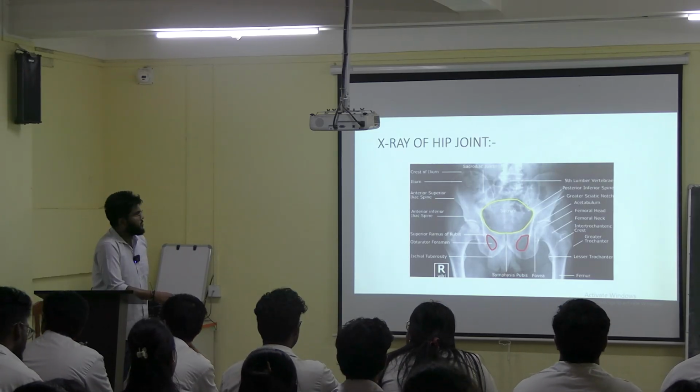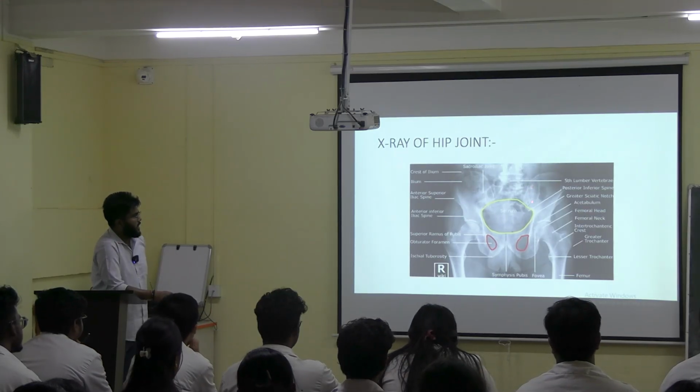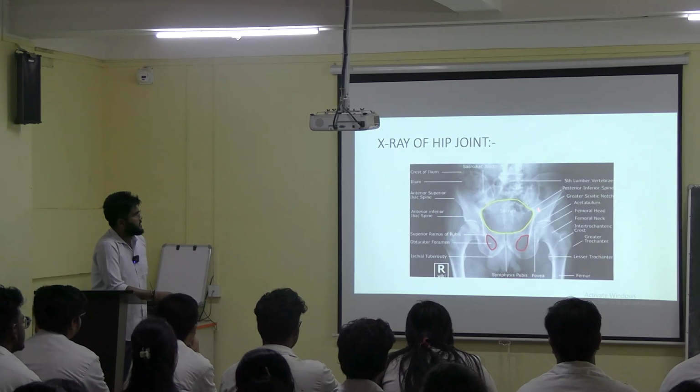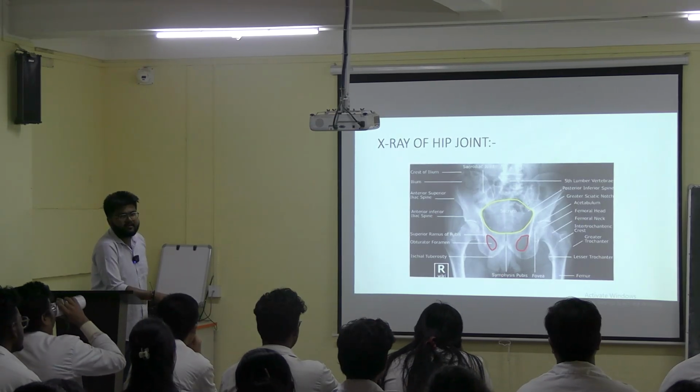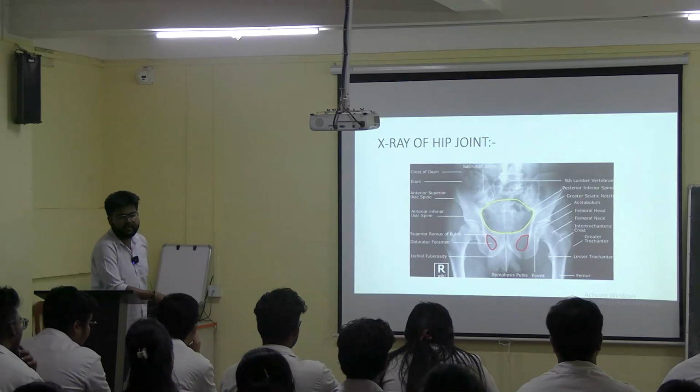Another joint is between the sacrum bone and the iliac bone, called the sacroiliac joint. And another joint is between the lumbar vertebrae, called the intervertebral joint.